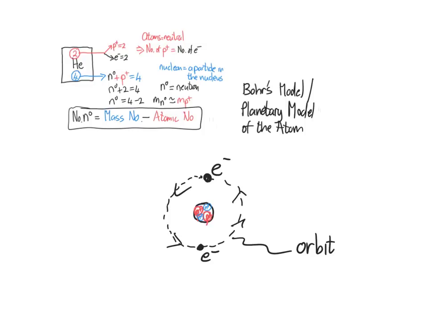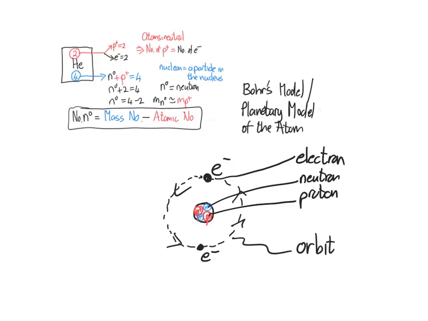So if we were asked to label it, then we would label it as follows. That would be an electron, that would be the orbit, that would be a proton, this would be the neutron, and the structure in the center, that would be the nucleus. And it's always good to put in a heading, the helium atom.